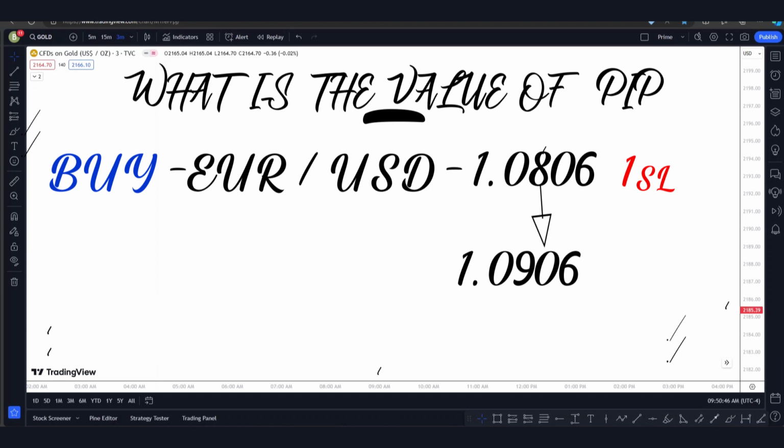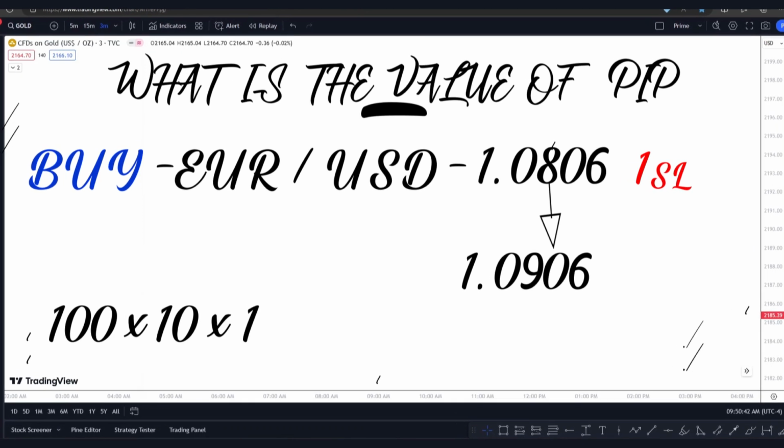In this example, the market moved 100 pips. So we multiply that 100 pips by the value per pip, which is 10, multiplied by the standard lot, which is 1. So 100 multiplied by 10, multiplied by 1, gives us $1,000. This means you made a profit of $1,000 on this particular trade.